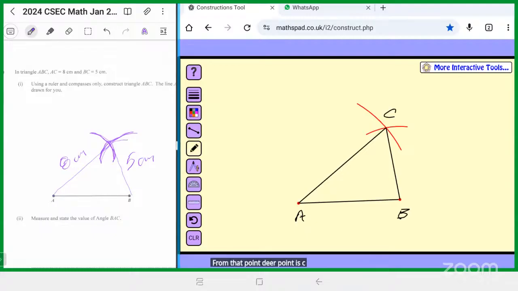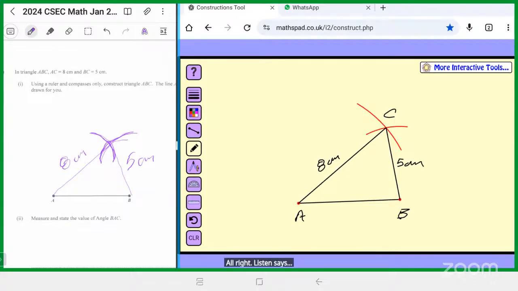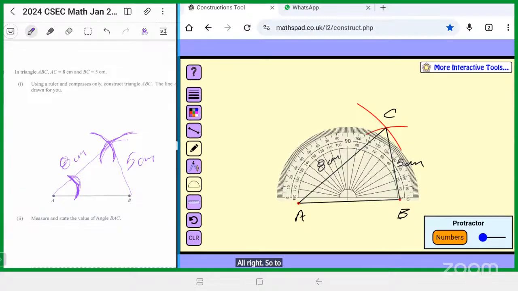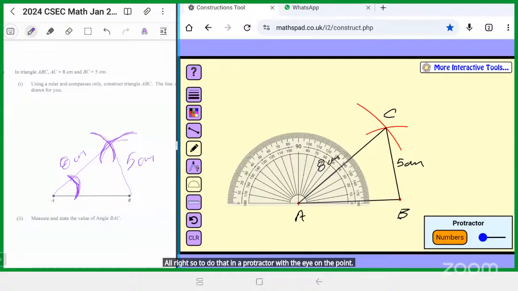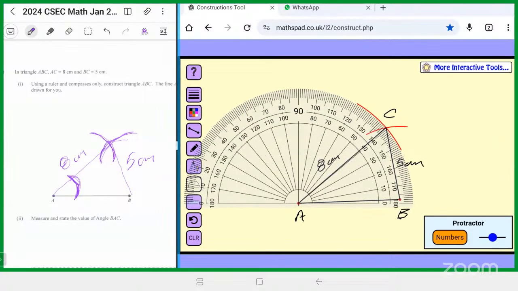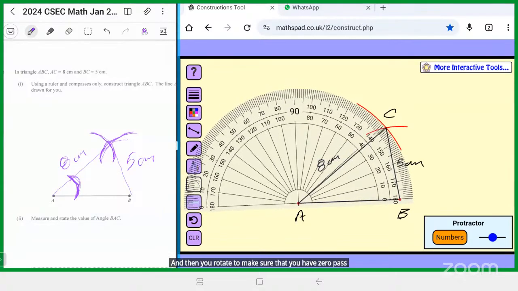We don't know the length of AB, but this is 8 centimeters and this is 5 centimeters. The question says measure and state angle A, angle BAC. That's the angle inside here. To do that, bring a protractor, put the eye on the point, and rotate to make sure that your zero passes through the baseline AB.